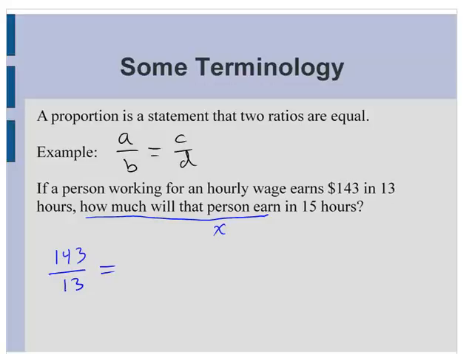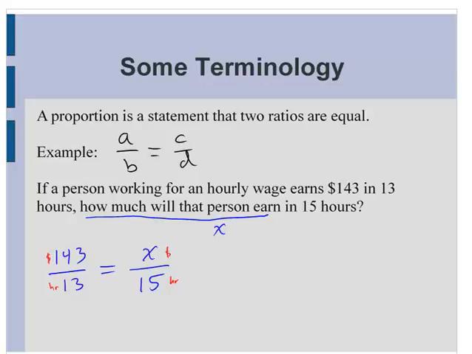We have earnings, hours, earnings, hours. Must be consistent. Wages to hours, so it is often useful to put in some units here. Dollars, hours, dollars, hours.